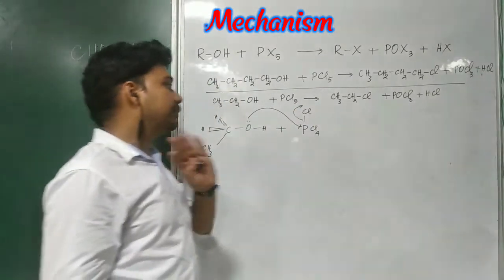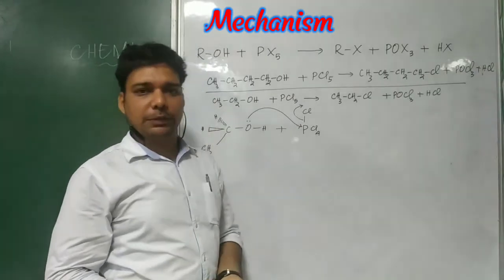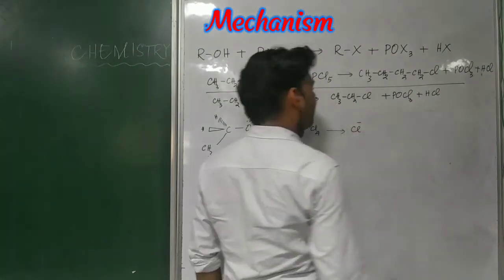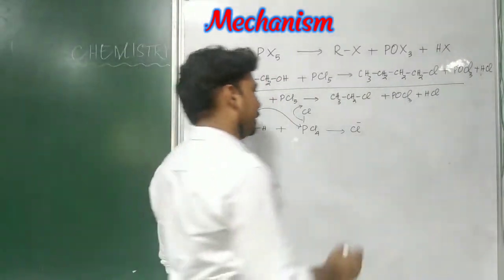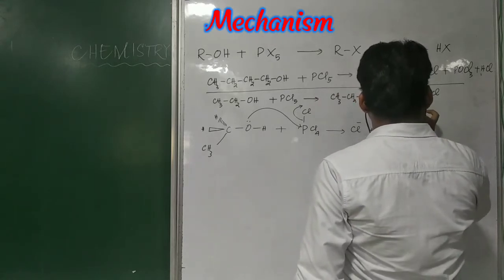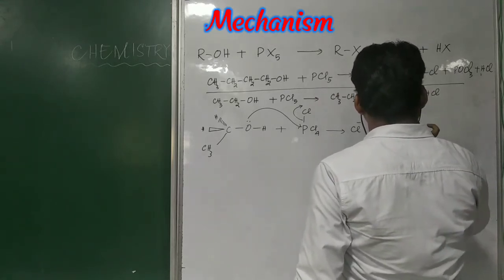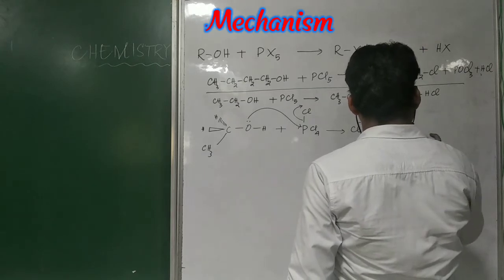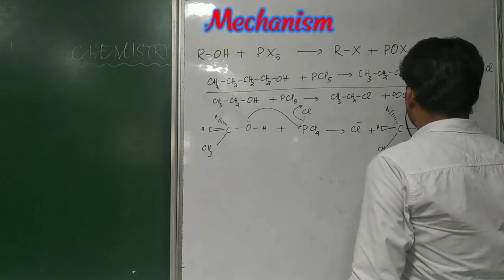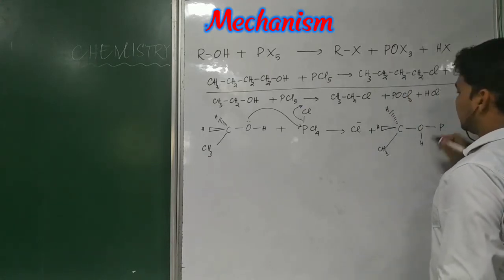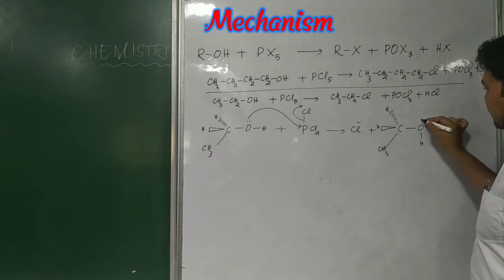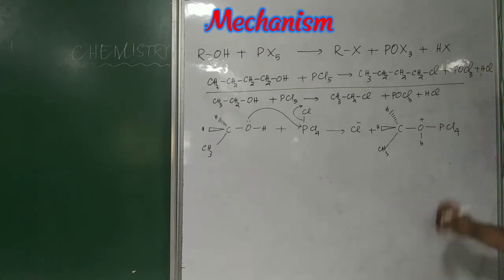Out of the 5 phosphorus-chlorine bonds, only 1 bond will be broken, resulting in the formation of 1 Cl minus ion, and the species left here is this oxygen, now coordinated to phosphorus, which contains 4 chlorine atoms. This oxygen will have a positive charge.